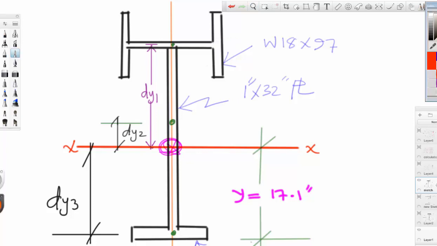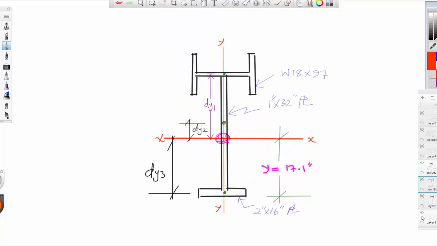I would like to get this distance, so I need to measure dy1, which is this one, from the centroid here to the centroid of the entire thing here.